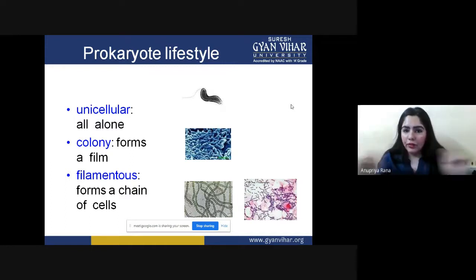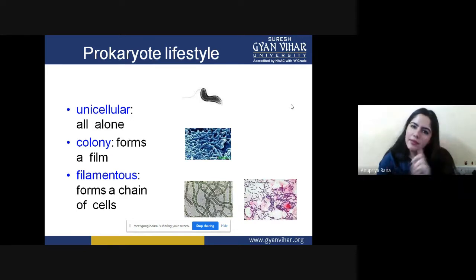Filamentous: in this type of chain, they make a beaded chain, like beads attached one after another. So this simple long thread, or filamentous chain, is an arrangement in a linear direction.